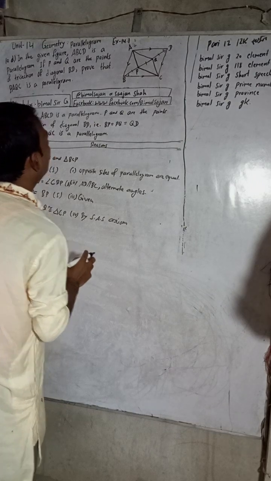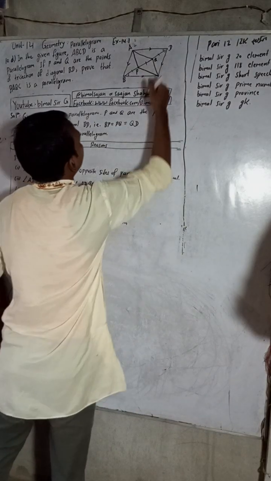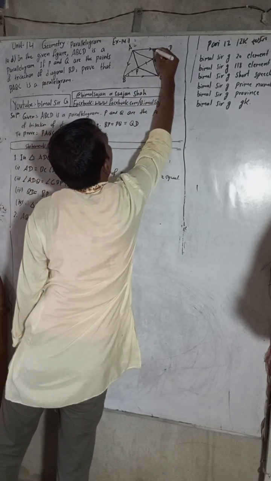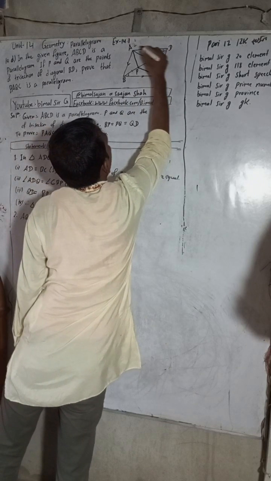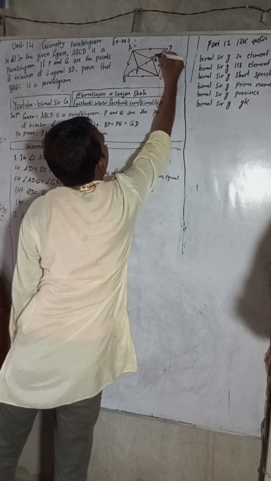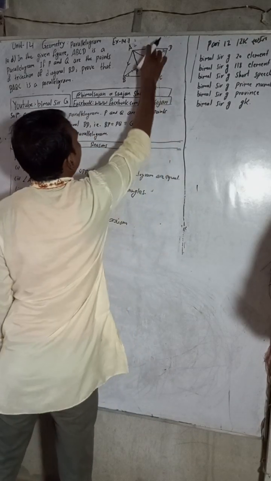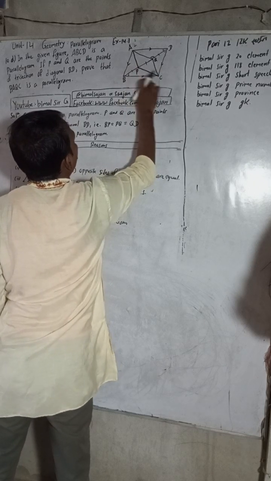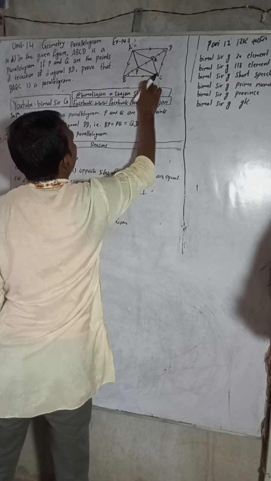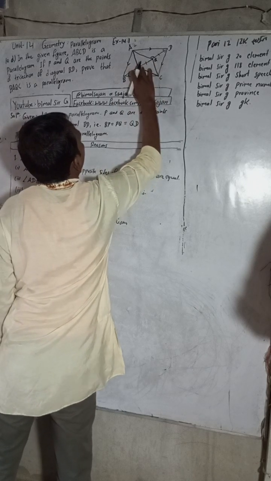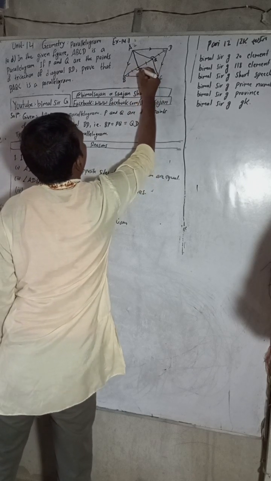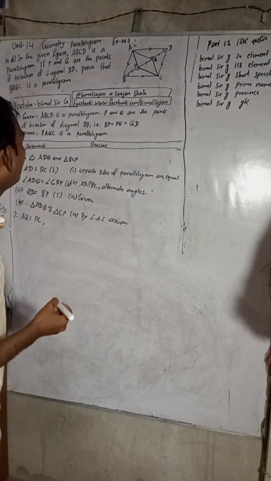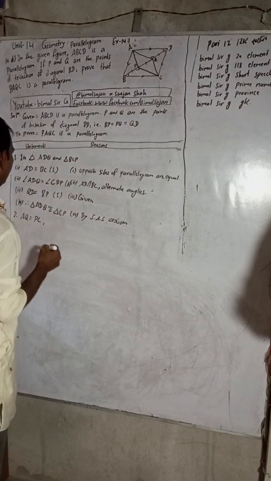The angle corresponding to this side, and this side is equal to this side, so the angle corresponding to BC side is this angle, here at P.